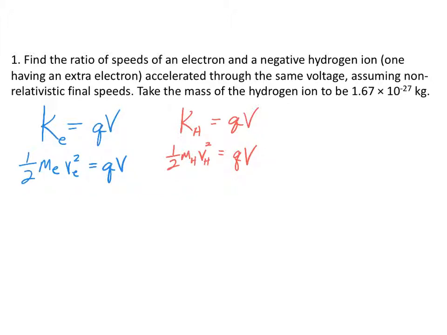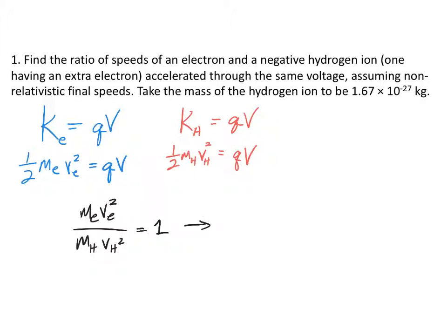Well, basically, the ratio of the electron's m v squared to the hydrogen's m v squared just equals 1. Since we're talking about ratios, hopefully you can see that the halves drop out. The QV over QV is 1. They each are equal to that.